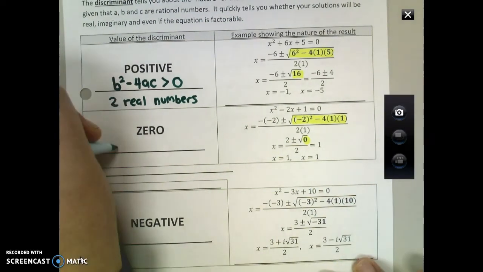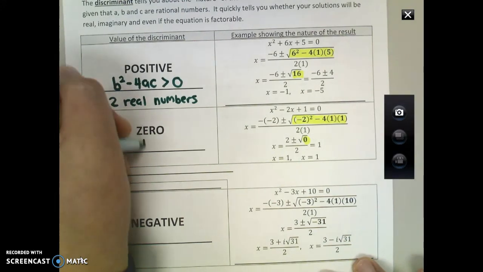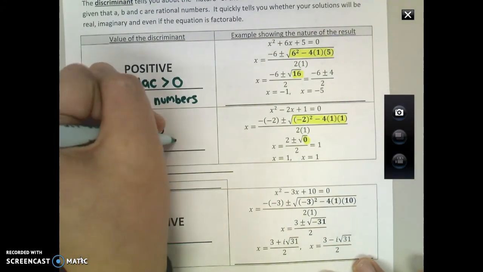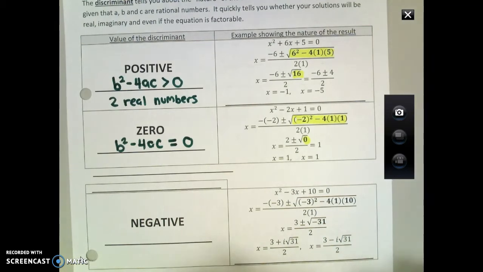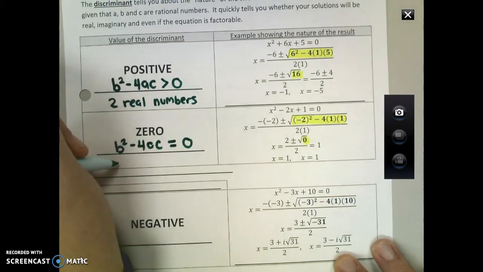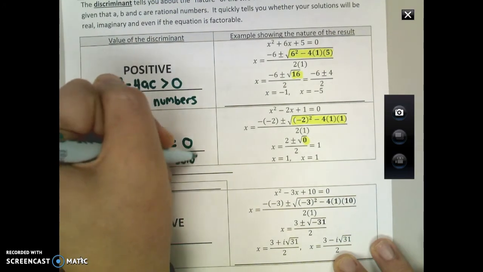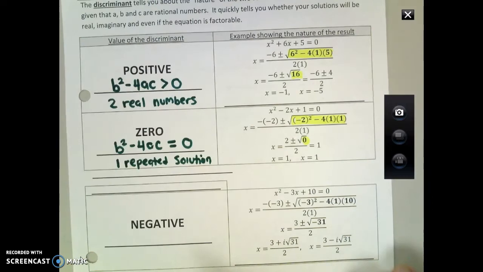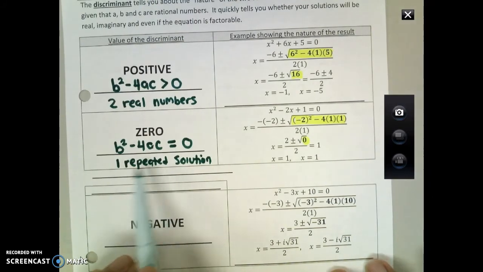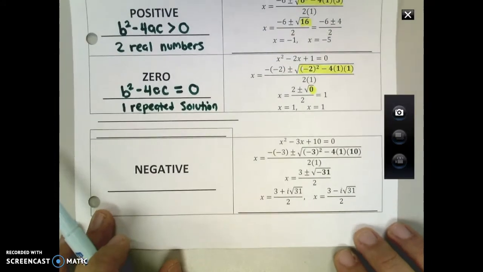And so in any situation where b squared minus 4ac is going to equal 0 specifically, you're going to get one repeated solution. So it's technically repeated, but you only get really one unique number.